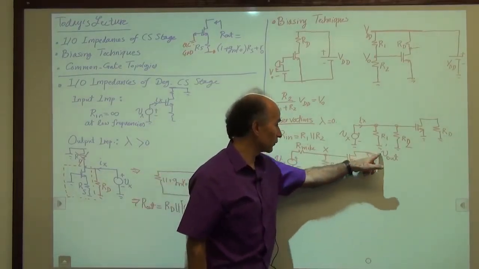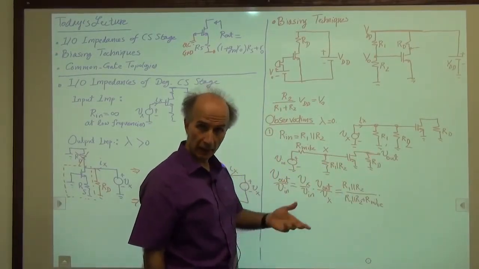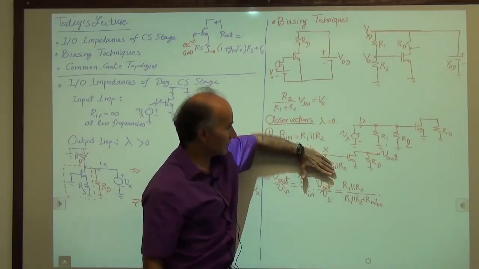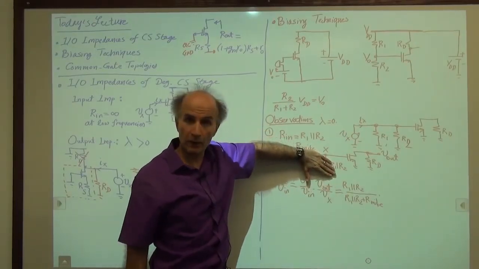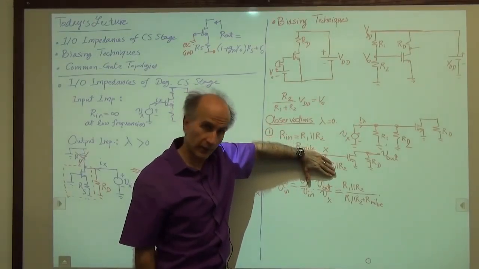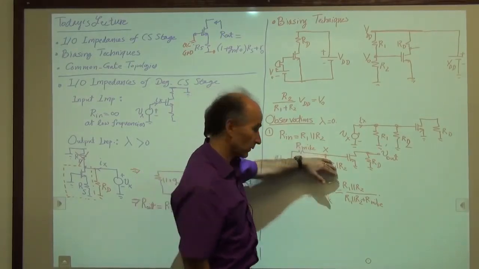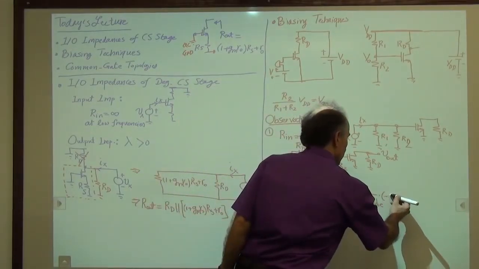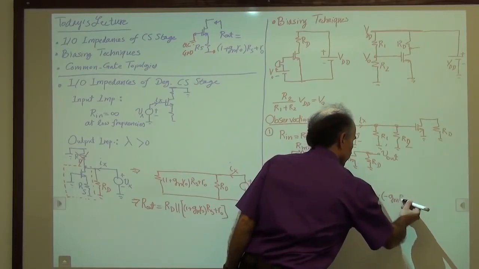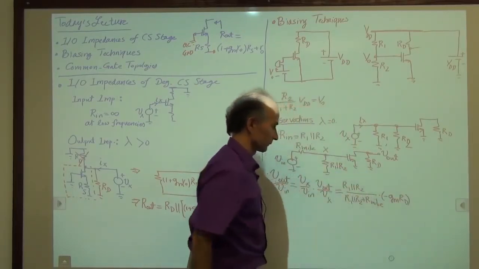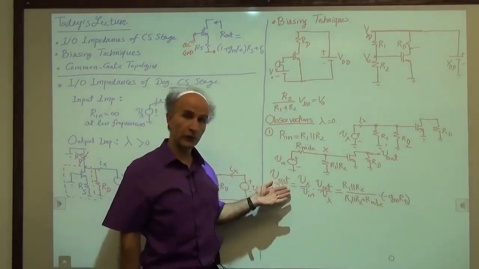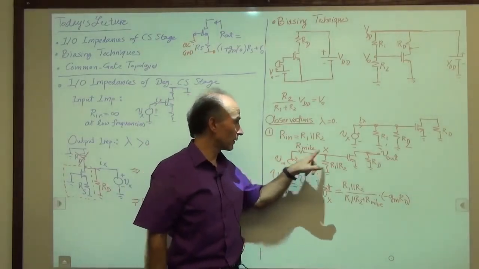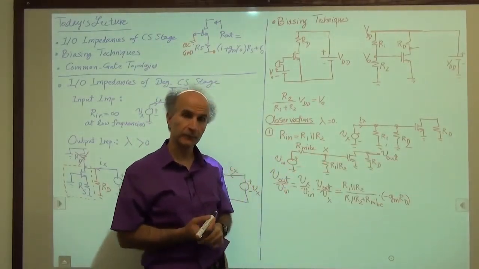Now how much is V out over Vx? That's of course well known. It's a simple common source stage. So for that we write minus gm RD. So this is the overall voltage gain from the microphone all the way to the output.